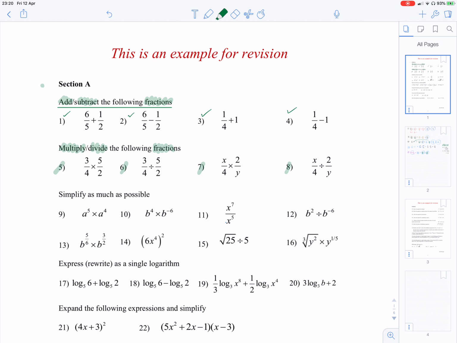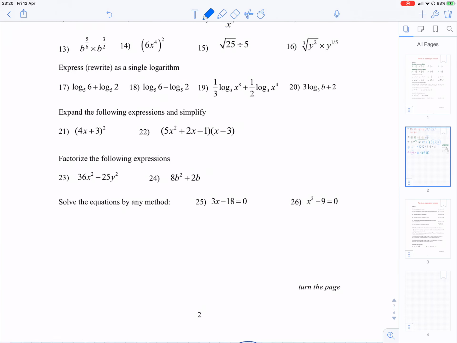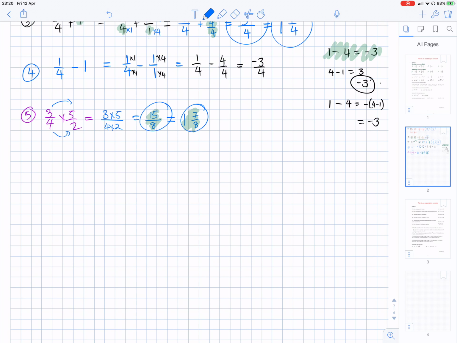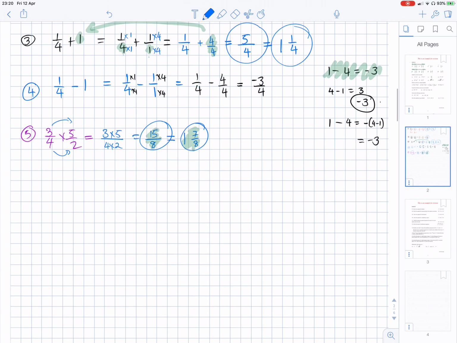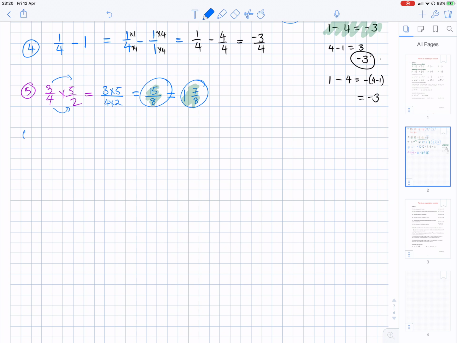Number 6 is 3/4 divided by 5/2. So 3/4 divided by 5/2. What you do with this one is, first of all, you want to change this division sign to multiply so that it's exactly the same as doing this here.